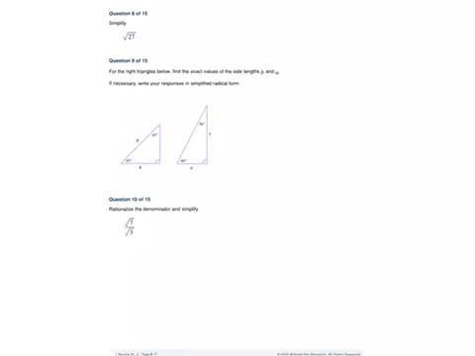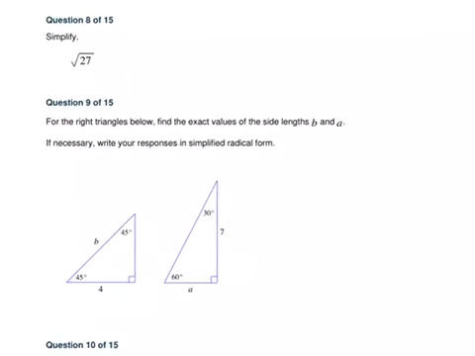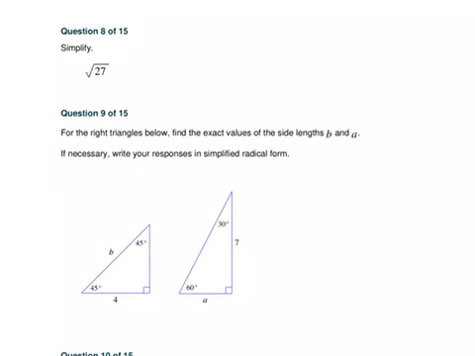Now, on the next page here, we have another reminder of how to simplify a square root. So remember, when we're trying to simplify a square root, like the square root of 27 here, we're going to break it down into a perfect square factor.